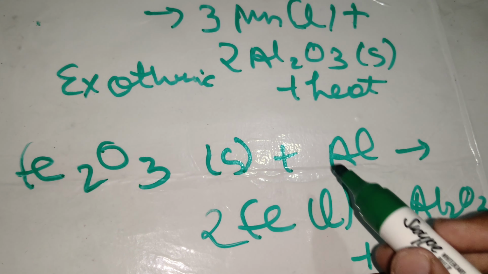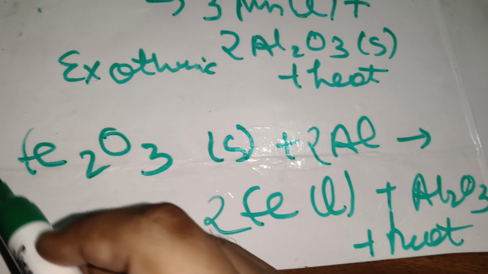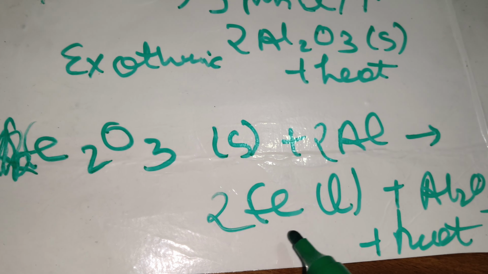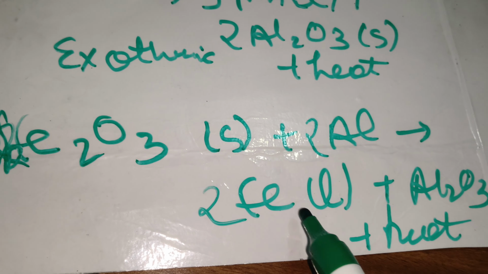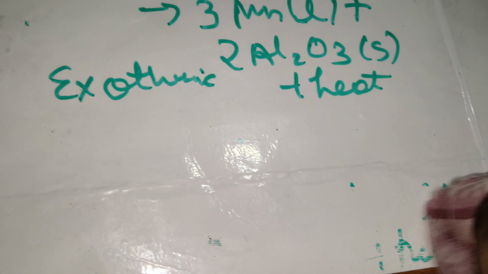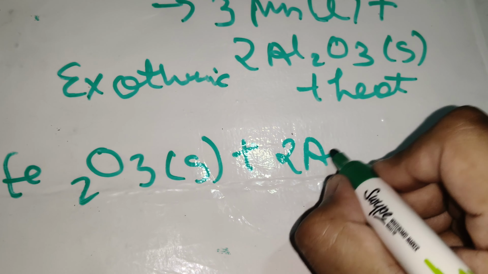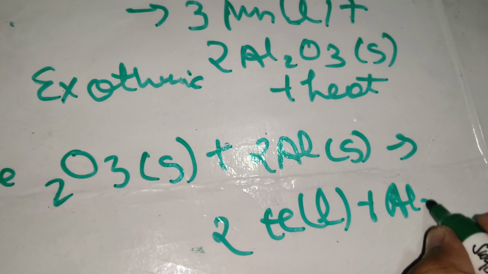So we balance the reaction: Fe2O3 solid plus 2 aluminium solid, again used as powder, and we get 2 iron, that is liquid, plus Al2O3 plus heat.